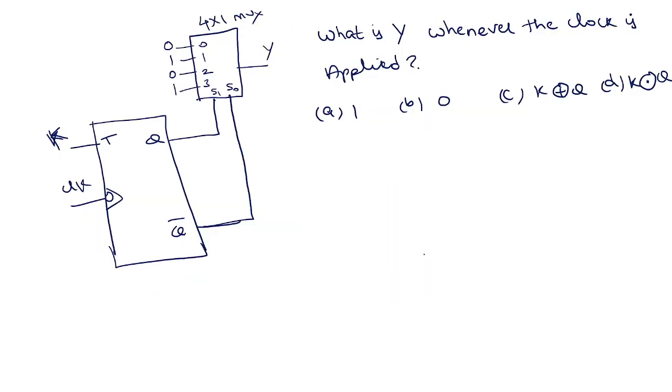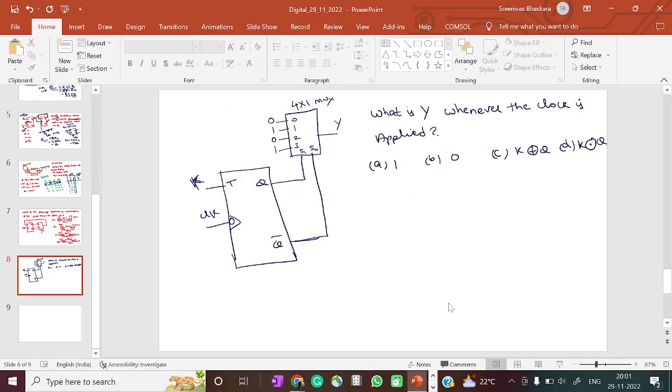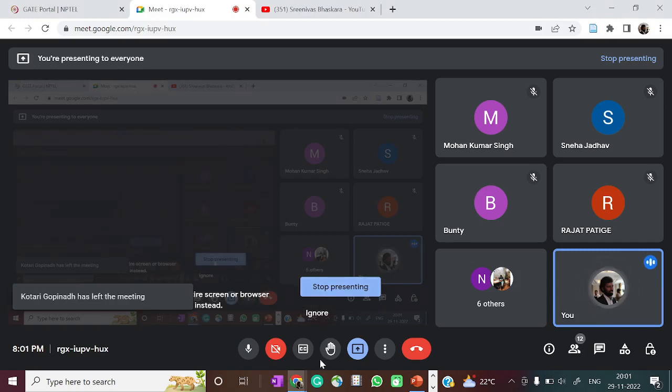Solve this problem. Very, very simple problem. It's a combination of mux and flip-flops. I think I'll close the session now at 1. If anybody has any questions to ask me, please mail it to my mail ID. I'm just going to share it.